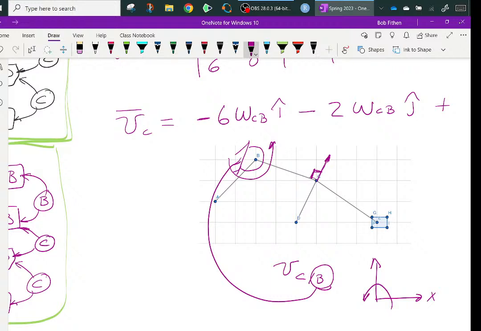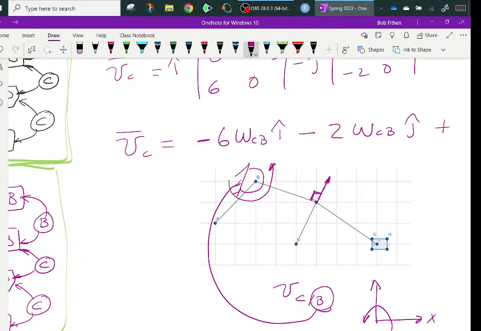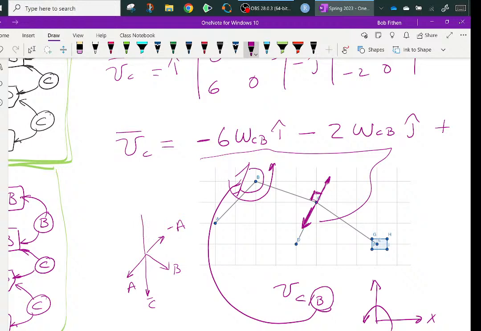Let me make sure here. So something is amiss here. So the other choice is it could be that. And that looks like that's what I've got here. Now, if you do a cross product, say A cross B, and if I do a minus A cross B, I get a different vector versus this one.